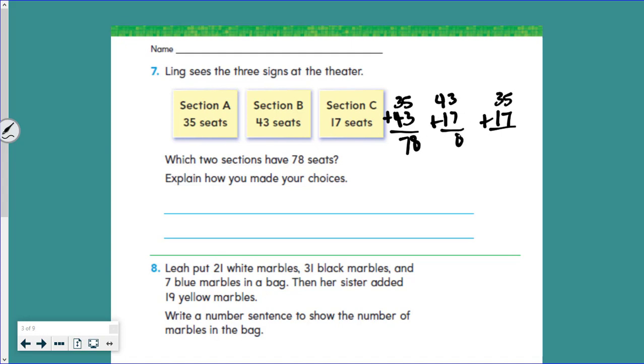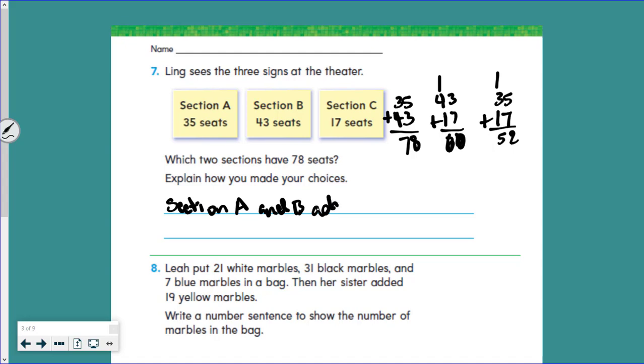So that's a 10. That's just 70. Or sorry, not 70, 60. And then this is 12. 2, regroup the 1. 52. Okay, so it looks like it's section A and section B. So section A and B, right?